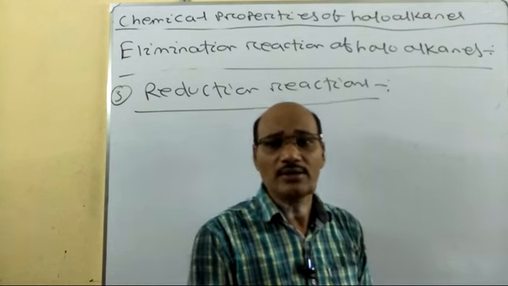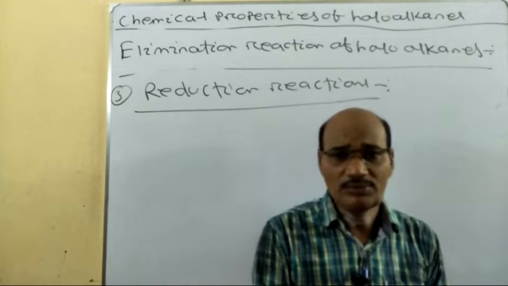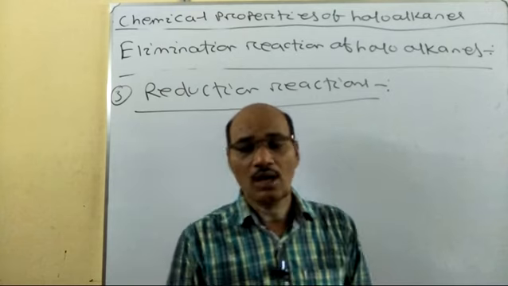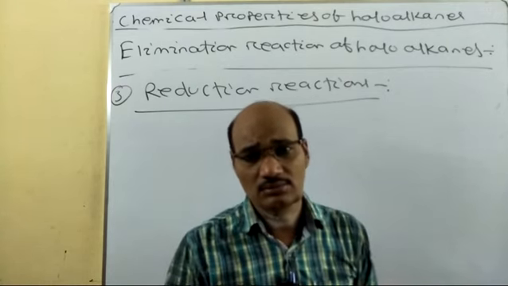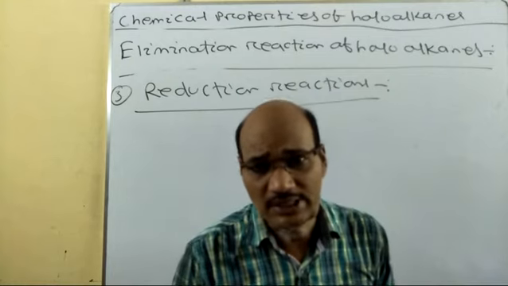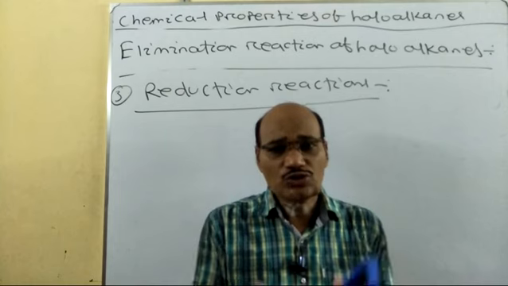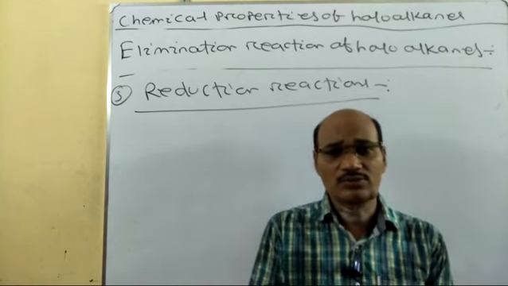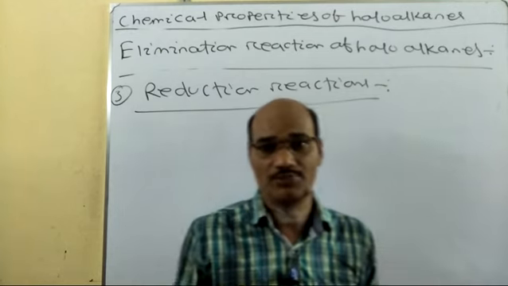Either we can take a catalyst like nickel, platinum, or palladium, and take hydrogen gas H2. Otherwise, we can take a chemical reagent like Sn/HCl, Zn/HCl, zinc-copper couple and alcohol, sodium and alcohol. These are the reagents that will produce nascent hydrogen, and that nascent hydrogen will be added to the haloalkane to get an alkane.